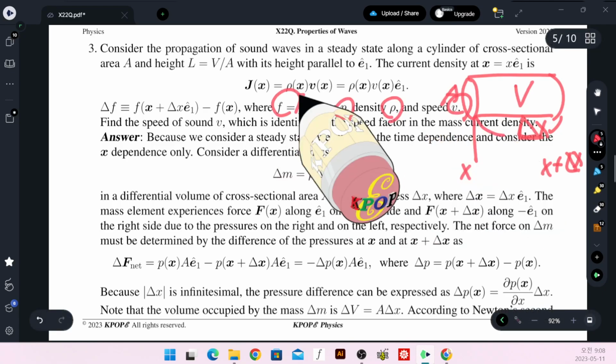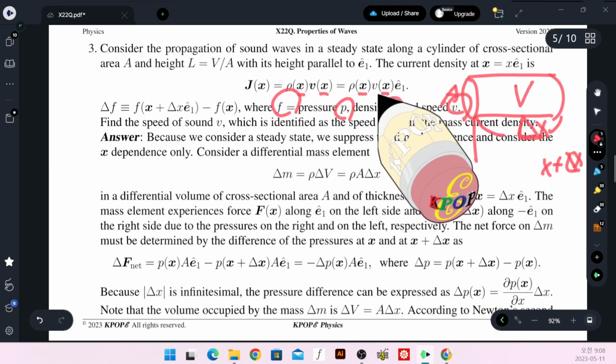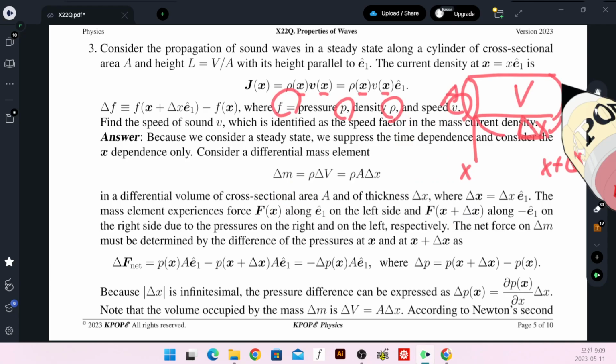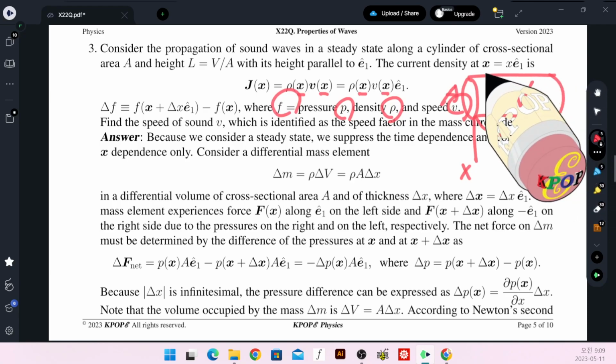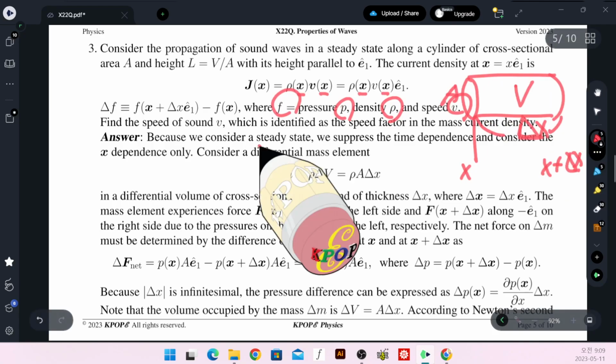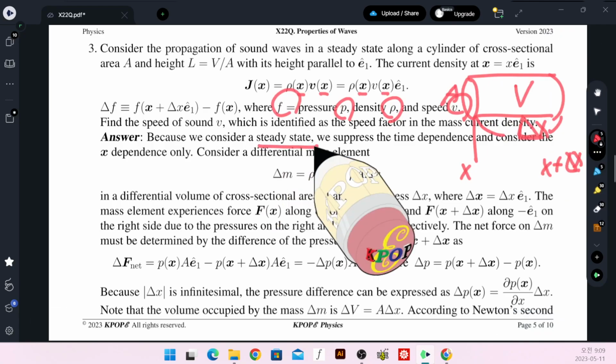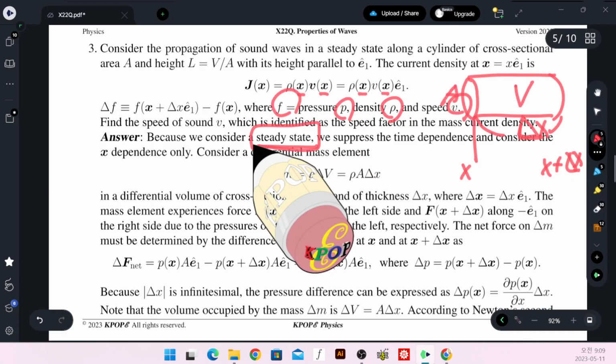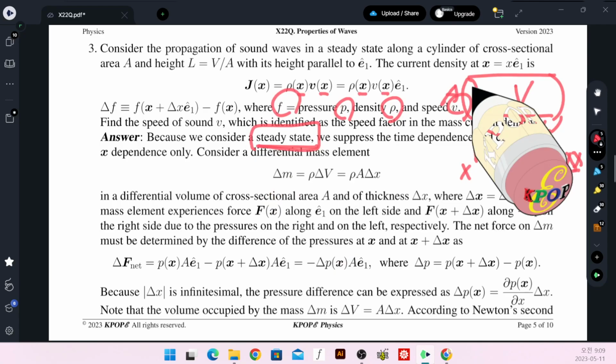By the way, we do not have time dependence in it, because we assume that this state is independent of time. That is called a steady state. A steady state means our distribution of pressure and velocity of the oscillating molecules due to the sound wave are independent of time.